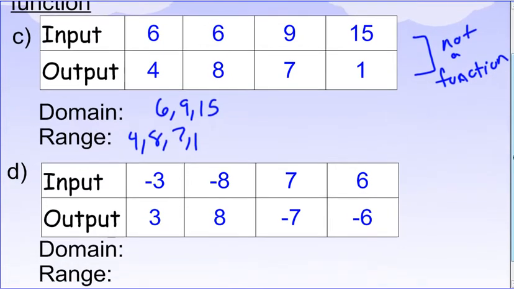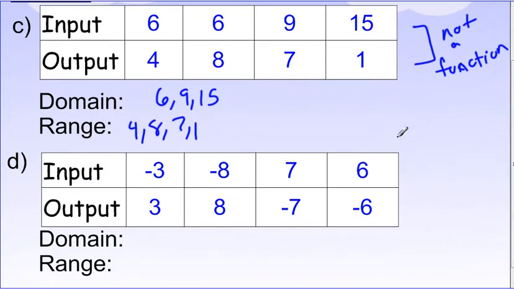It's in a table, but it's actually not a function. And when we're talking about what makes something a function and not a function, in the next example, we'll see why that last problem is not a function. Okay? So just label it not a function, and we'll come back to it in just a minute.